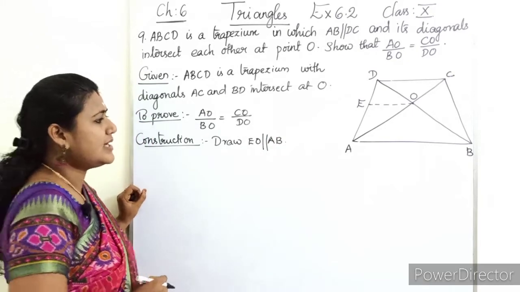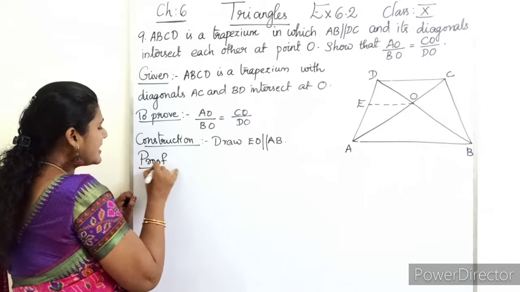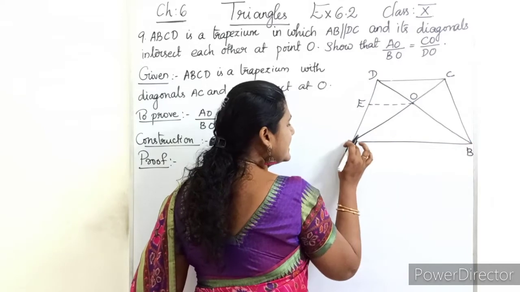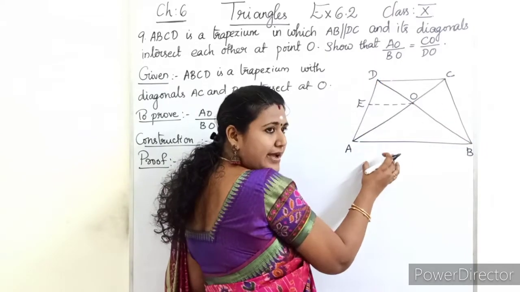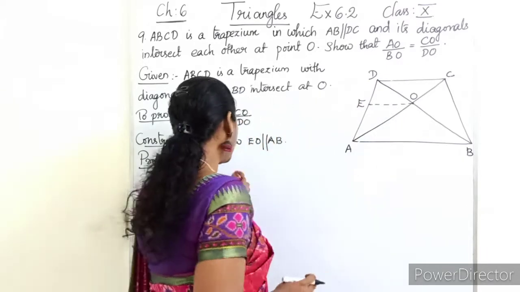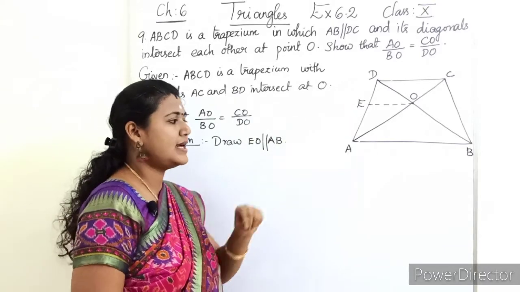Now we will see the proof. So we will consider the triangle ADB. In this triangle, the line EO is parallel to AB, as per our construction.